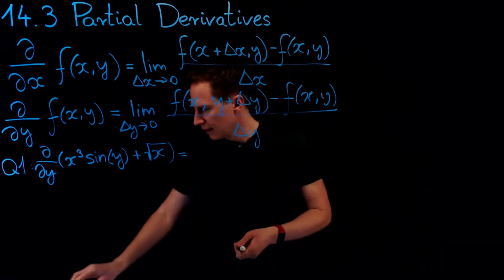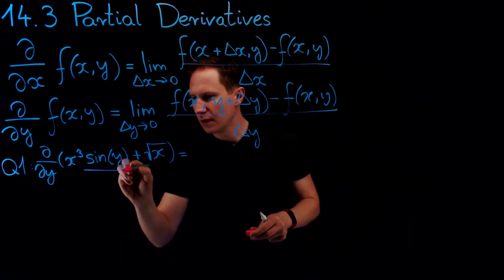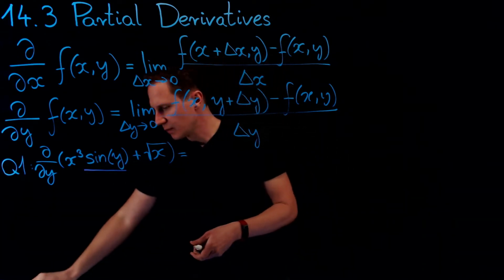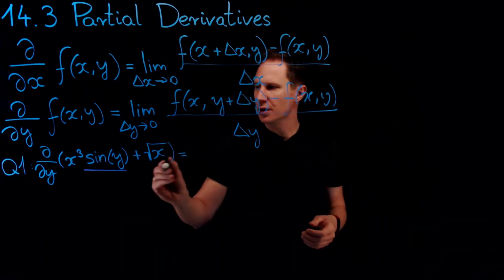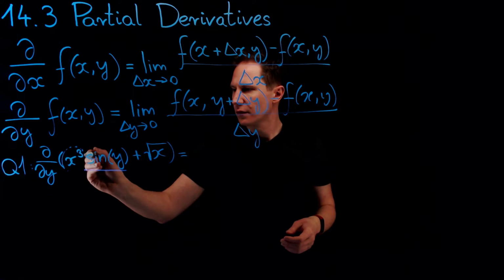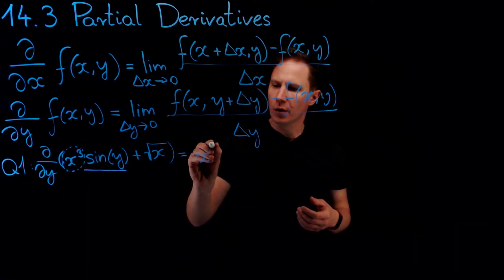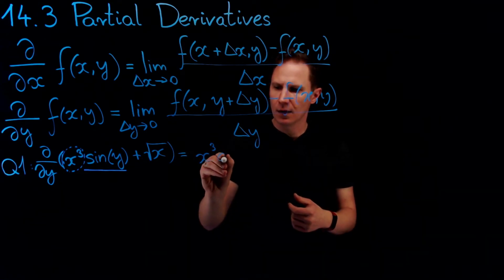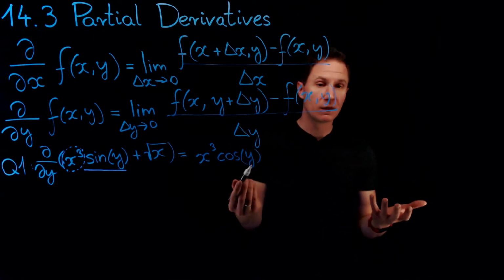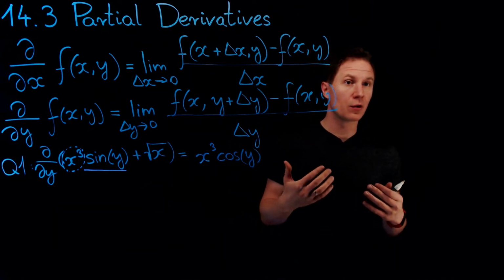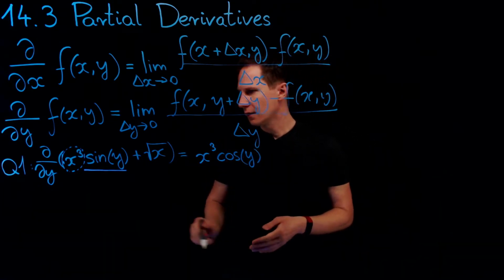It's only the factor sine of y that depends on y, and the derivative of the sine function is the cosine function. Here we have this constant multiple of x cubed from the point of view of y, so that remains. So x cubed times the cosine of y plus 0, because that other term does not depend on y. So that's the answer.